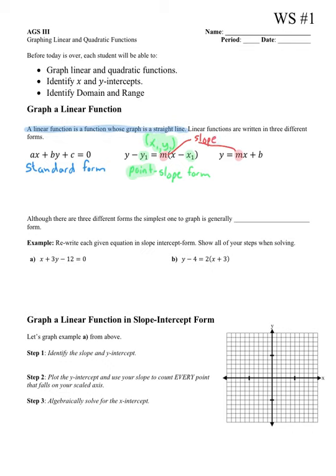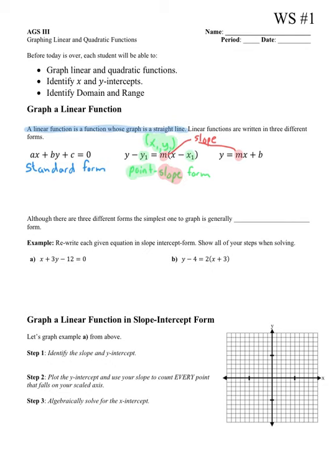So that's why this is called point slope form, because it gives you a point on the line and also the slope of the line.